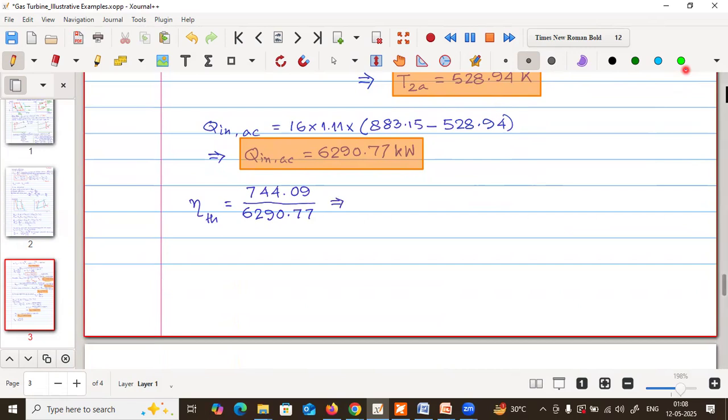That means basically it is equal to 0.1183.